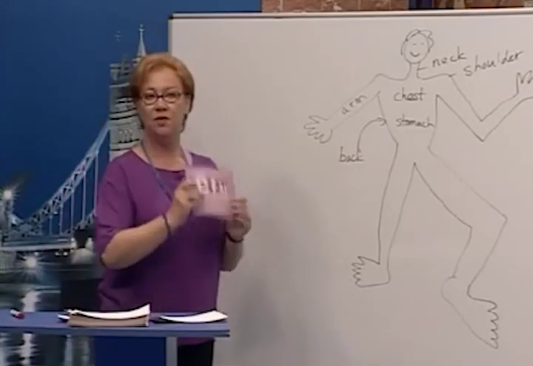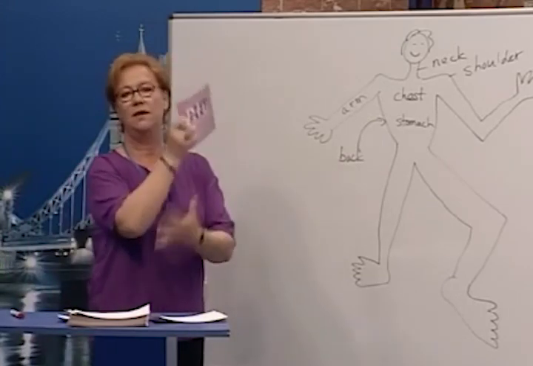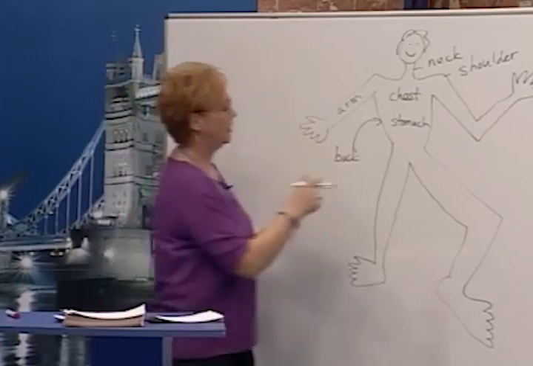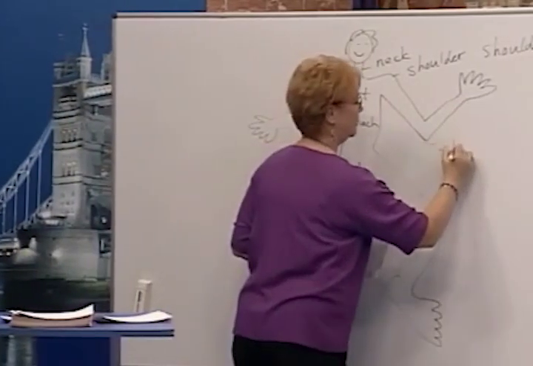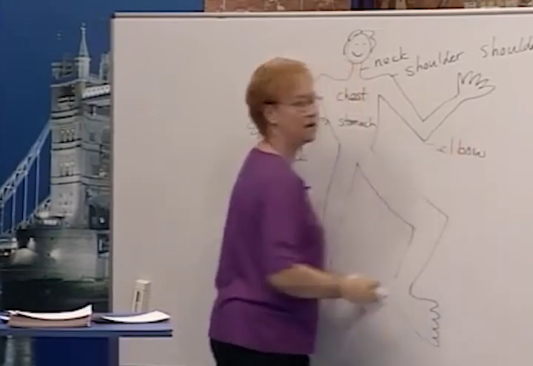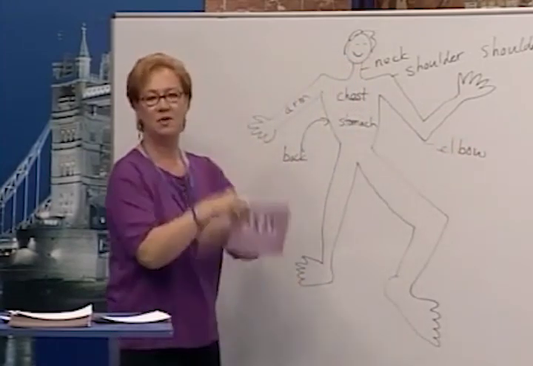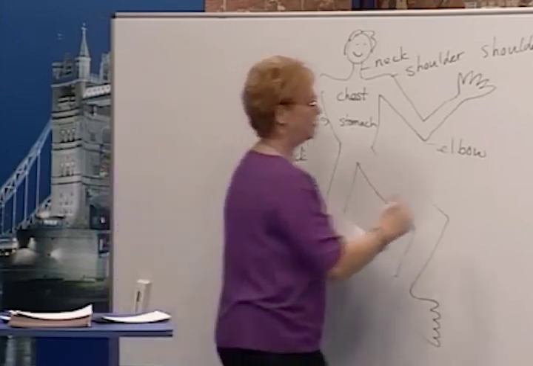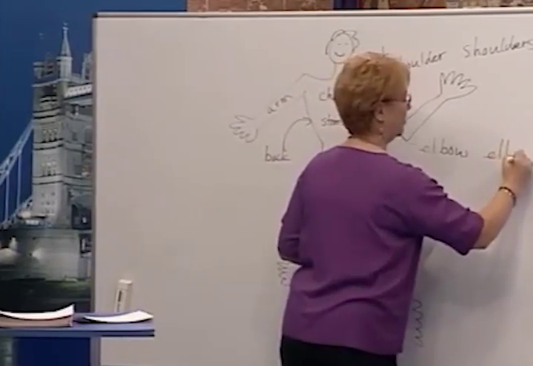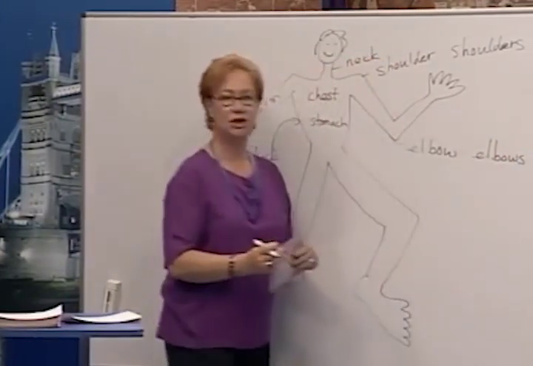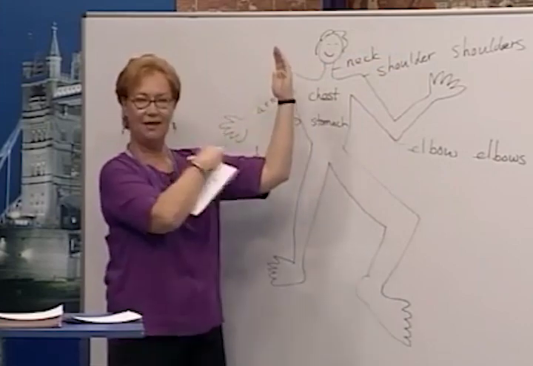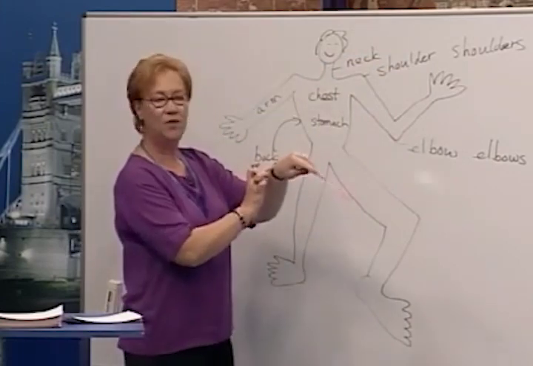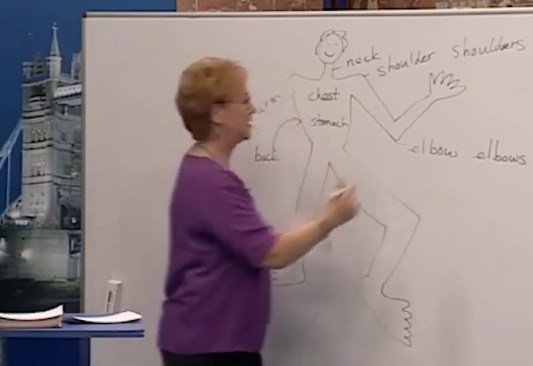Now, here we have the elbow. This is the elbow. We have two elbows. One elbow, another elbow. Elbow and elbows. All right, and here we have a wrist.